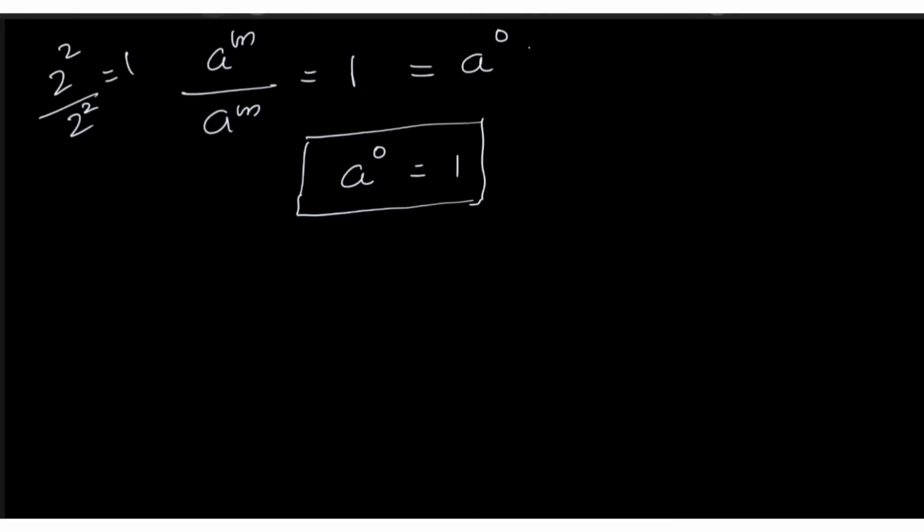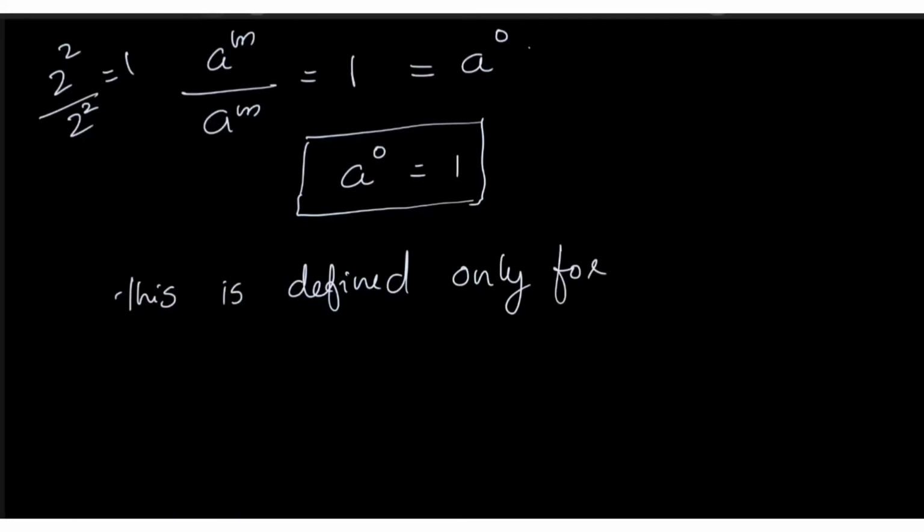So if we define a raised to 0 is equal to 1, then only this law is true for every natural number. This is defined only for a not equal to 0. Then only this condition is proved.